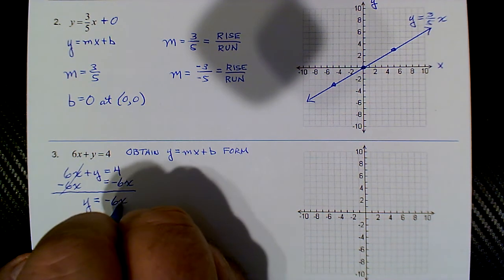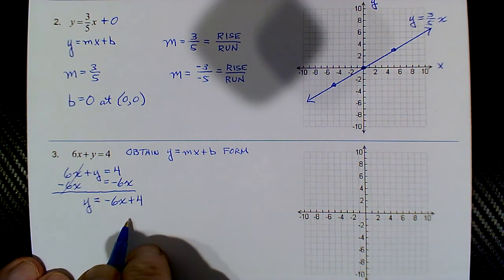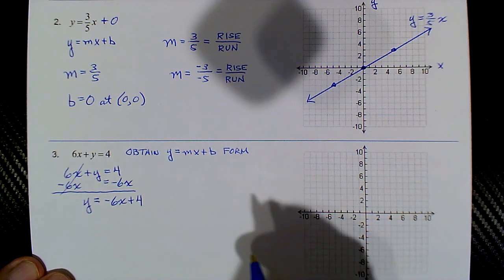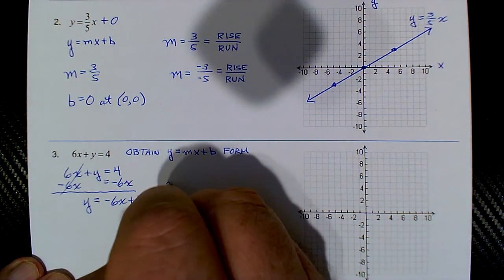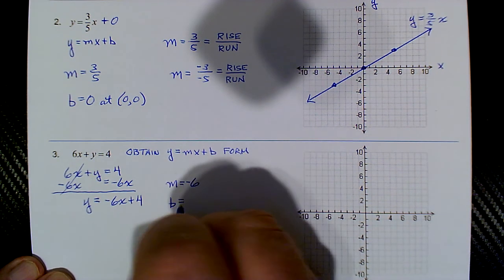And that is now in slope-intercept form, where we can determine the slope, which is negative 6, and the y-intercept b is 4 at the point (0, 4).